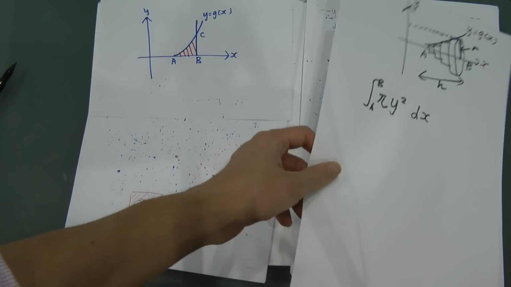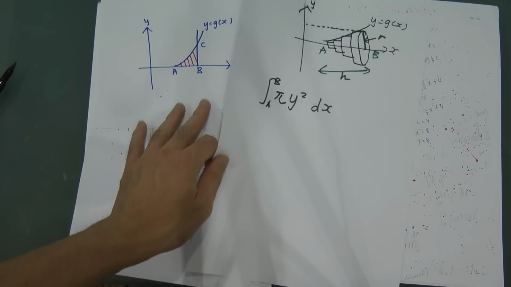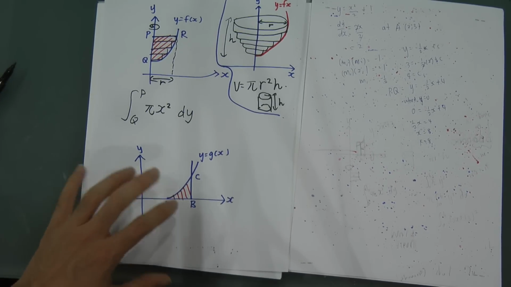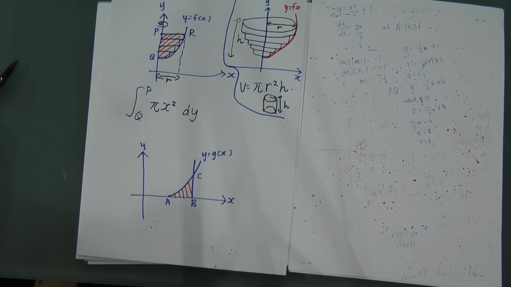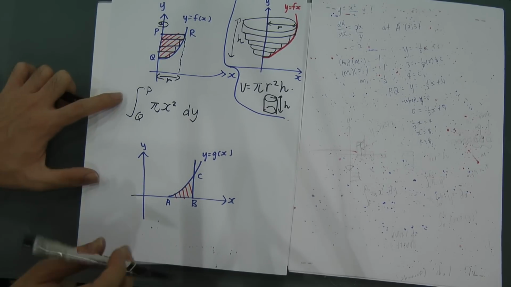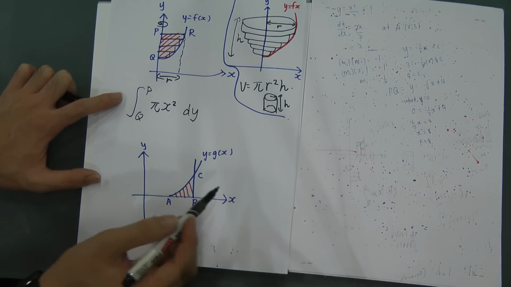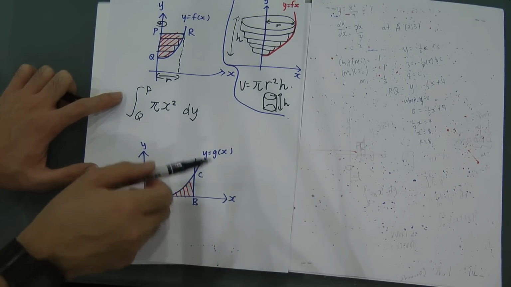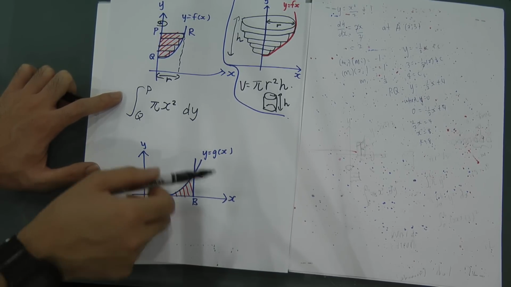Okay, so we try to write one more time without this diagram, because in the exam it's quite a waste of time to draw that diagram. So I want you to practice. You can straight away see here, you assume, because this shape region will rotate 360 degrees about the x-axis.